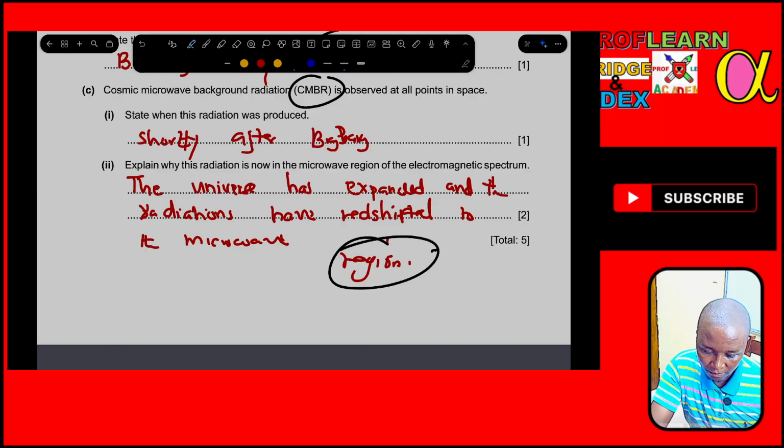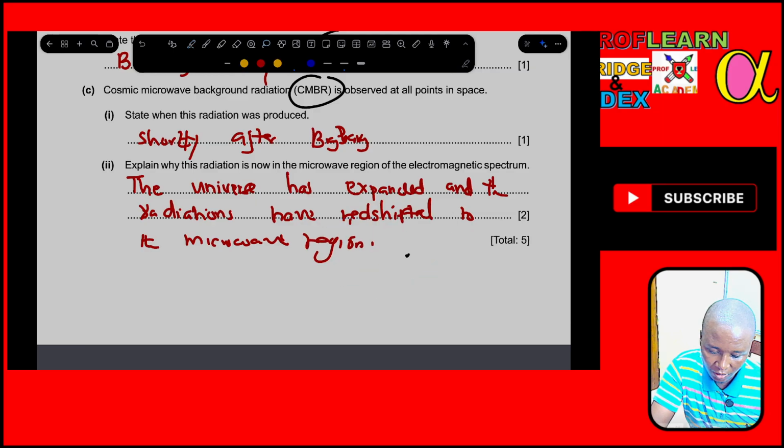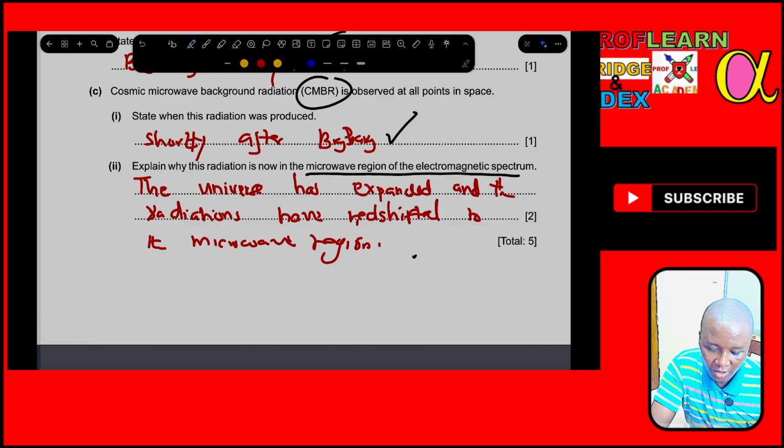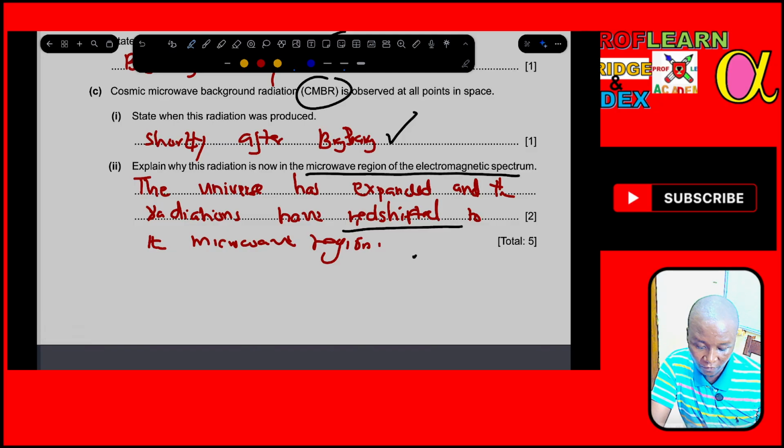So explain or state when they were produced, shortly after the Big Bang, and explain why the radiation is now microwave radiation. It means the universe has expanded and all those radiations have stretched and they have redshifted to microwave radiation.